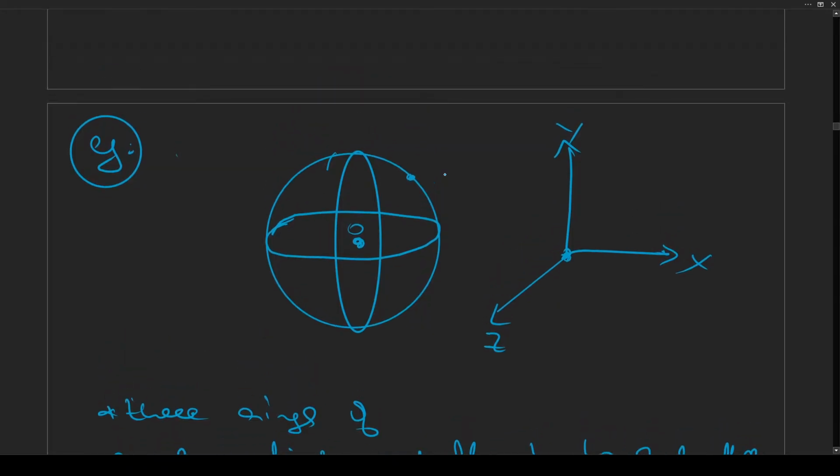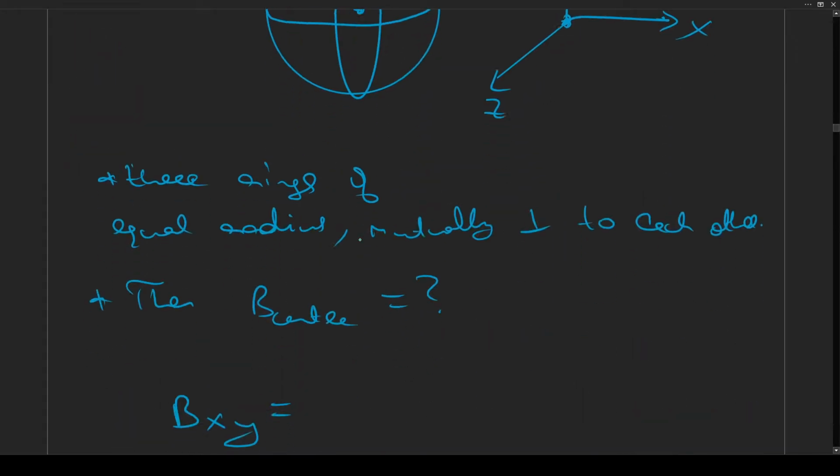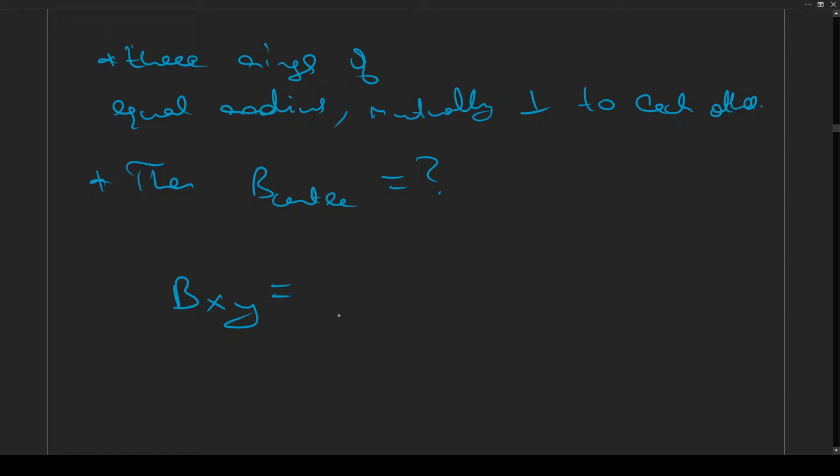They did not clearly mention the direction of current, but we know that due to this ring, an XY plane ring, the magnetic field should be acting along the Z direction, Z axis, which has magnitude mu naught I by 2R along Z axis.